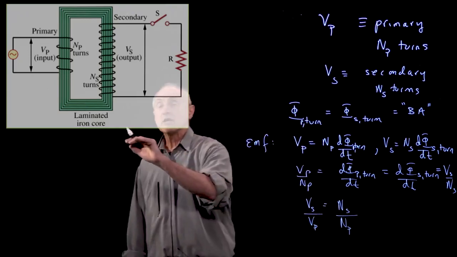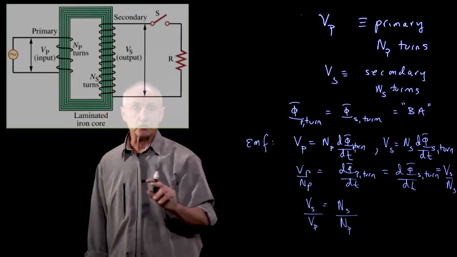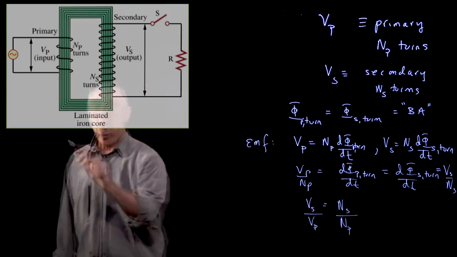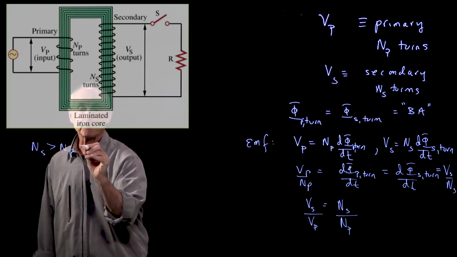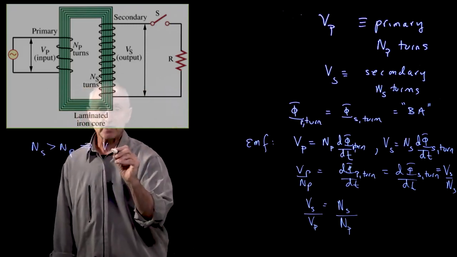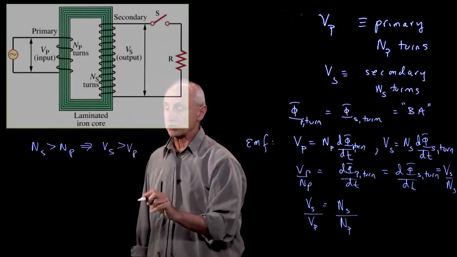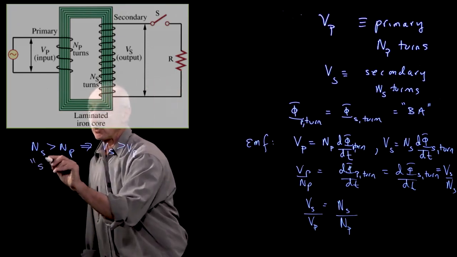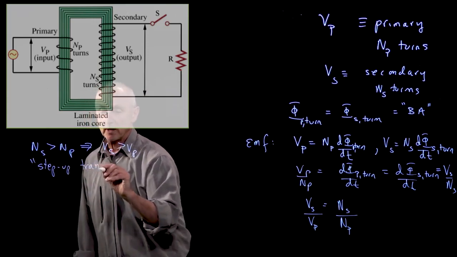So in our example, you can see visually that there are more turns on the secondary. When NS is greater than NP, that implies that the voltage across the secondary is greater than the voltage across the primary, and that's what we call a step-up transformer.